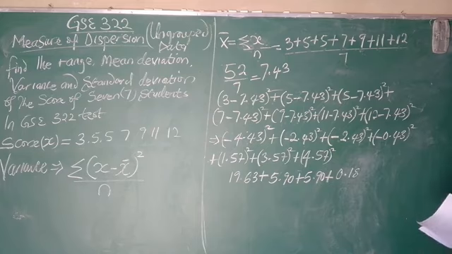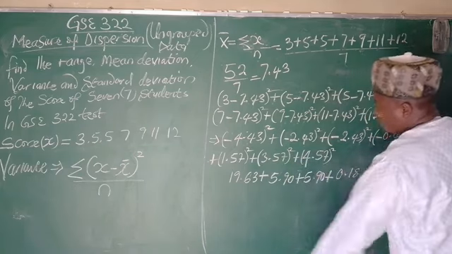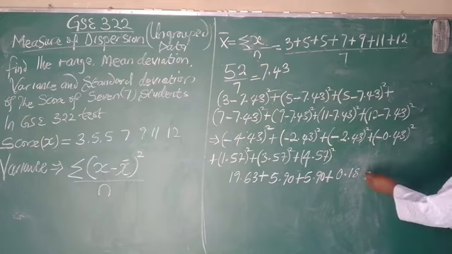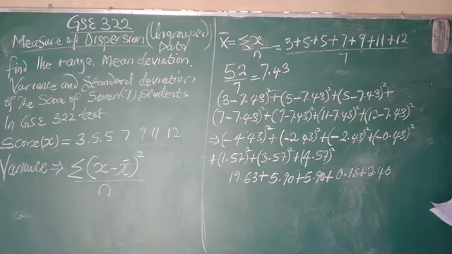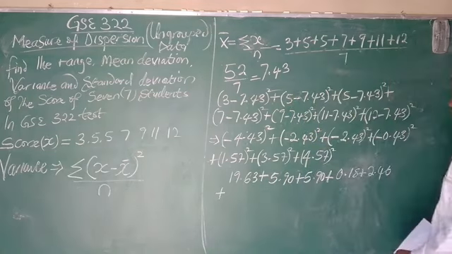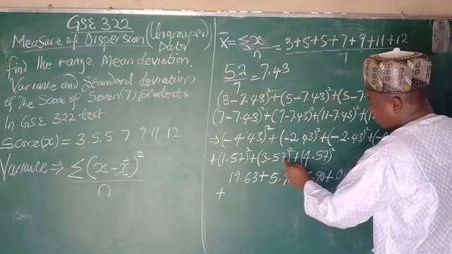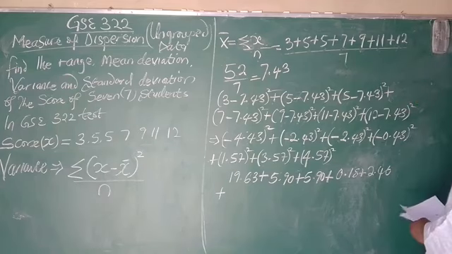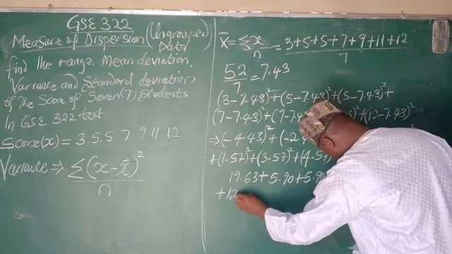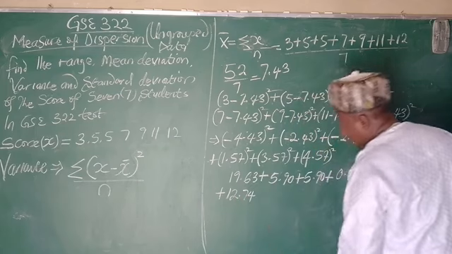Then the next one is 1.57 times 1.57, which is going to give us plus 2.46. Then plus this one, 3.57 times 3.57, which is going to give us 12.74.